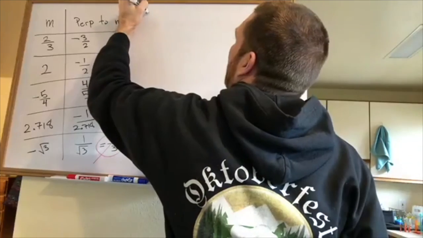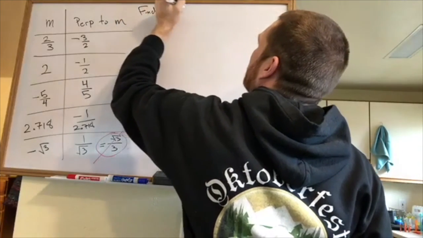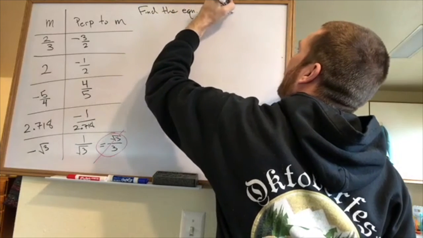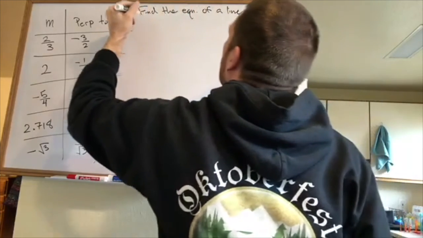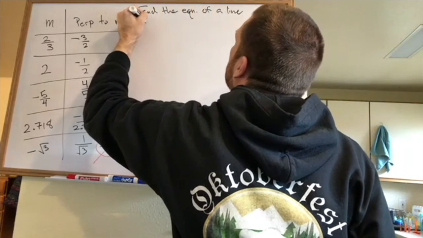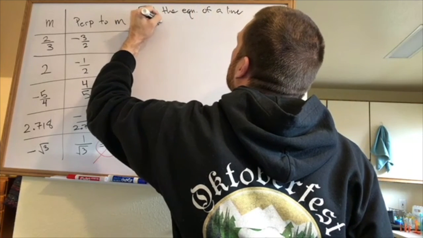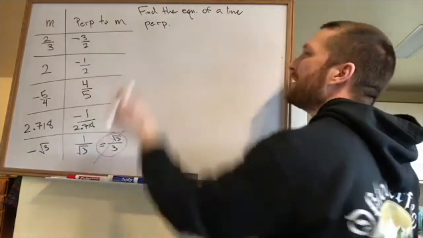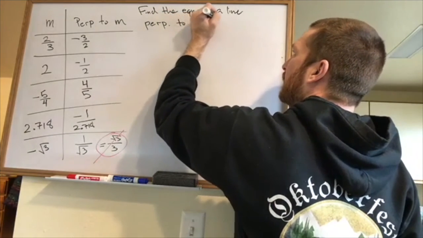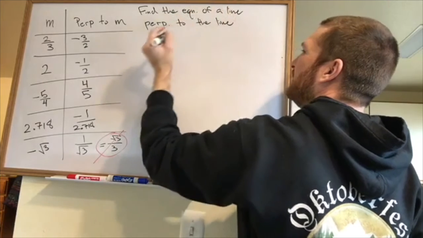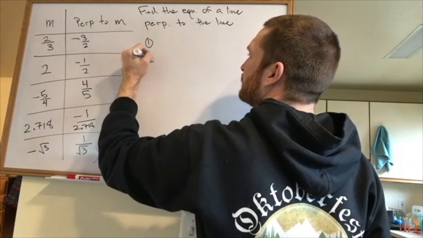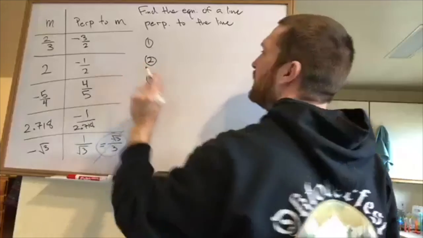Find the equation of a line perpendicular to the line. Now we're going to have 3 problems: 1, 2, 3.